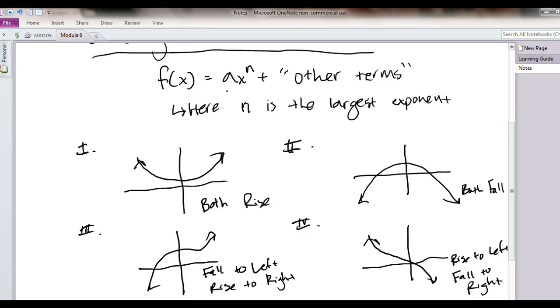And basically we can determine which one of these four things is going to happen by looking at the pictures. So in picture 1, this happens when A is positive and n is even. Scenario 2 happens when A is negative and n is even.